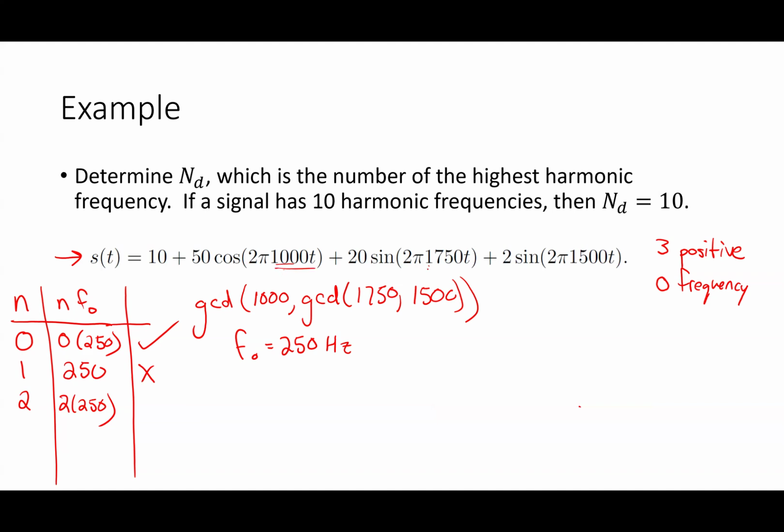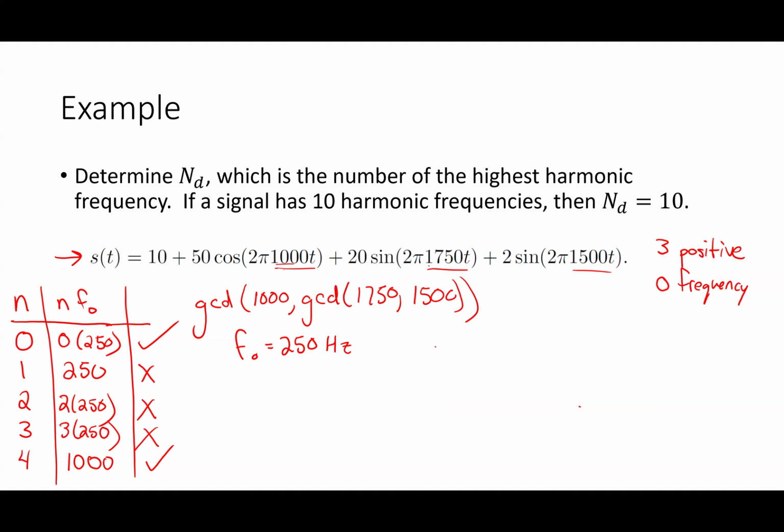This one's 1,000, this one's 1,750, this one's 1,500. So do I have a 500? No. Third harmonic, 3 times 250? No. What's the fourth harmonic? 1,000. Do I have one of those? Yes. So I got a DC term and a fourth harmonic term.